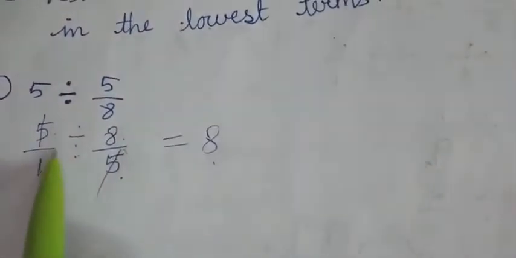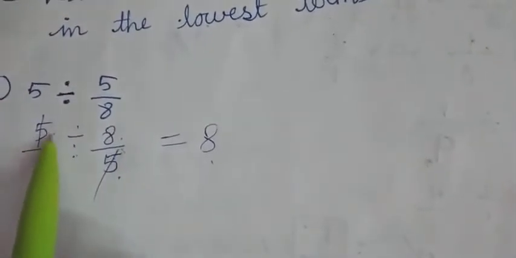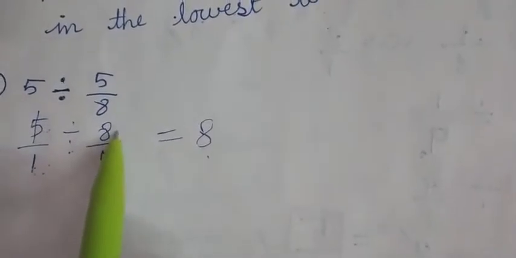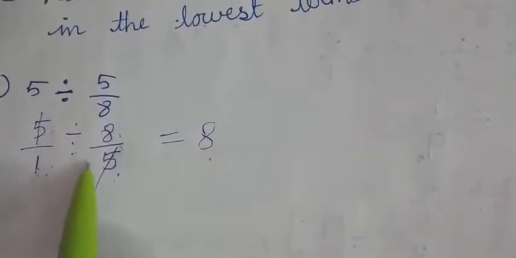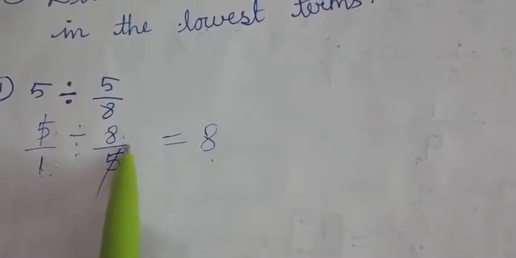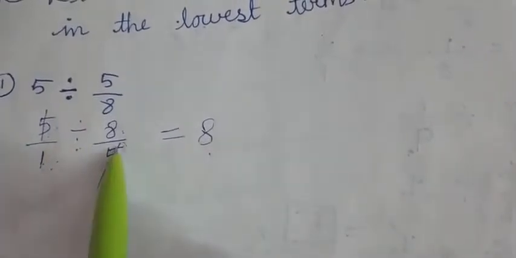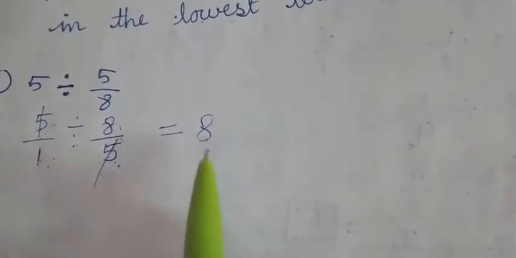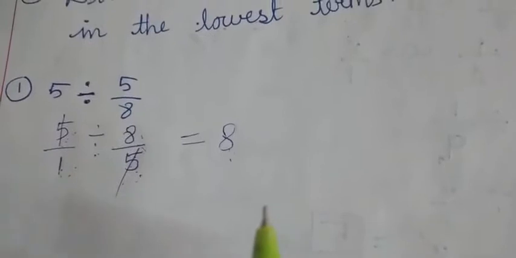By dividing 5 by 1 by 8 by 5, we cancelled the same table. 5 and 5 have been cancelled by using the shortcut method. And then what number is remaining? 8. That is the answer for number 1.